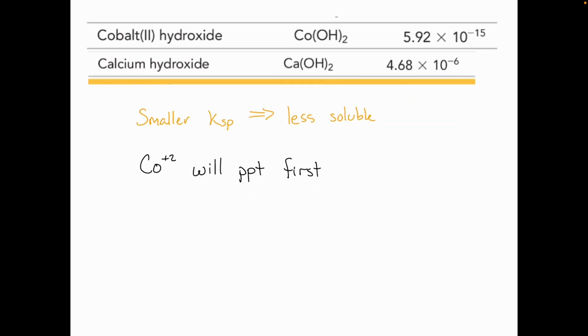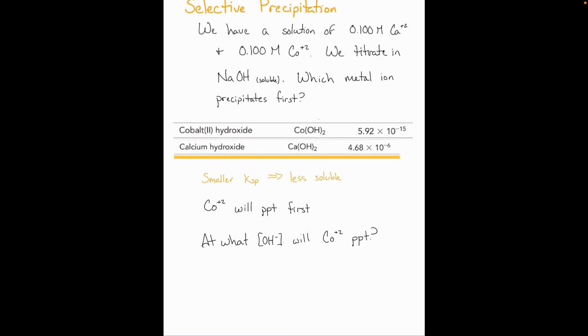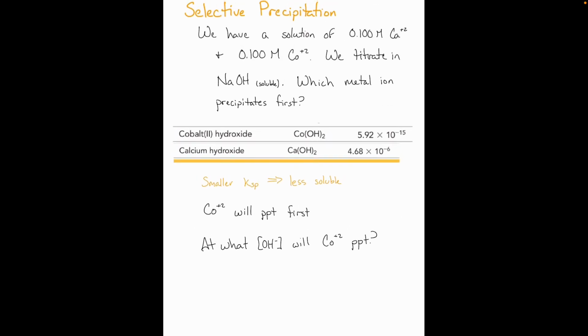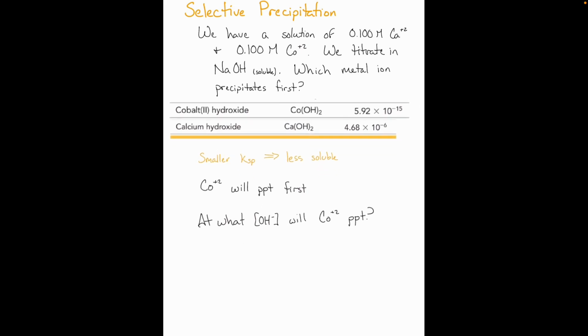All right. I can also ask, at what concentration of hydroxide will cobalt precipitate? What I want you to do is to build your KSP expression for cobalt hydroxide, cobalt 2 hydroxide.